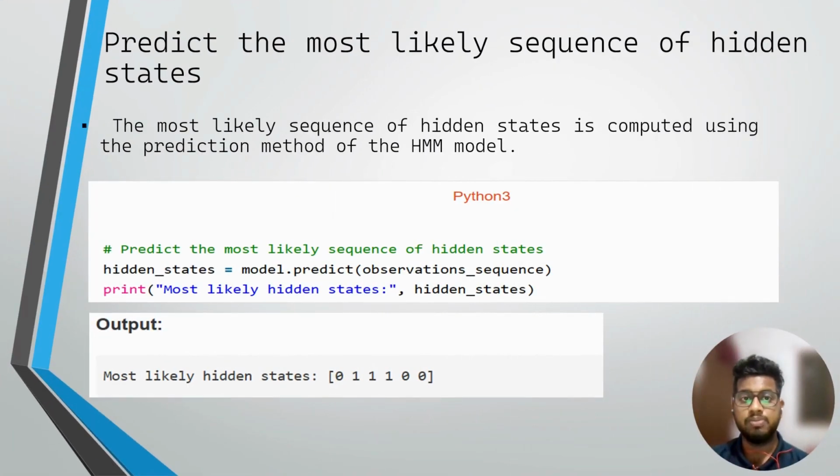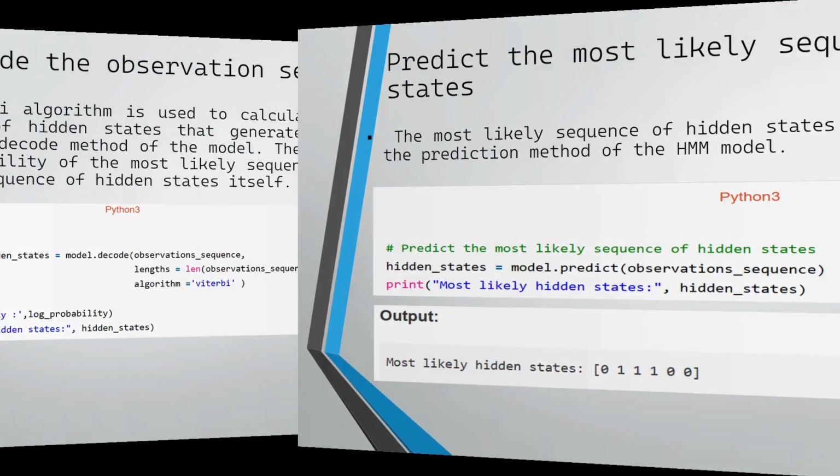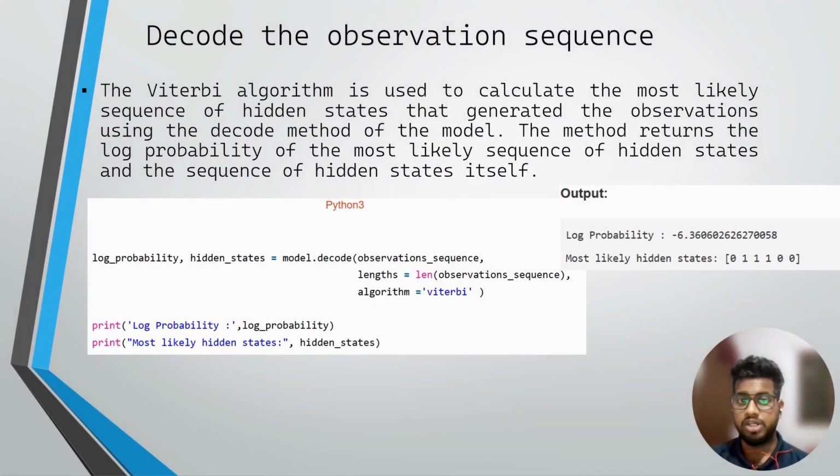So we predict the most likely sequence of hidden states. The most likely sequence of hidden states is computed using the prediction method of the HMM model. Decode the observation sequence. The Viterbi algorithm is used to calculate the most likely sequence of hidden states that generated the observation using the decode method of the model.